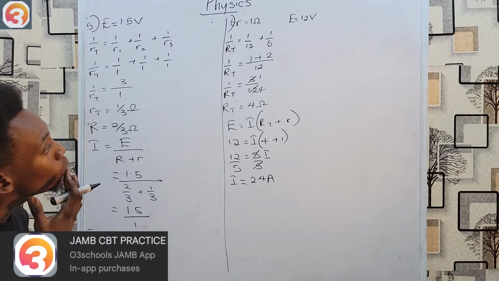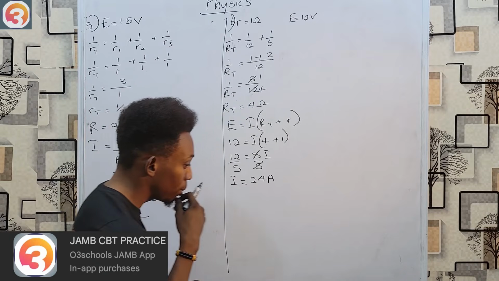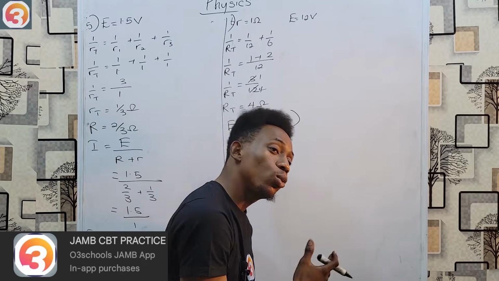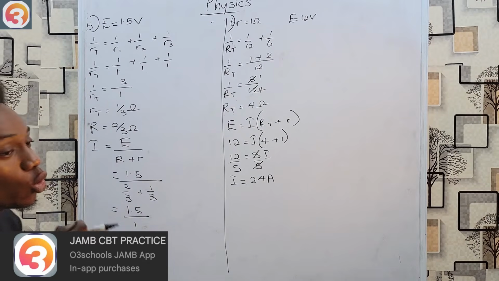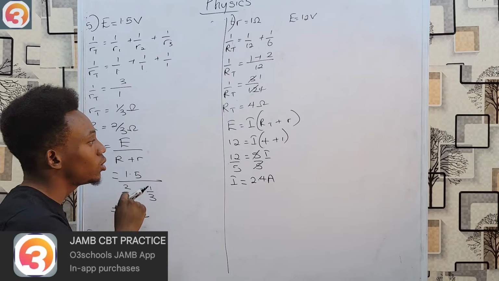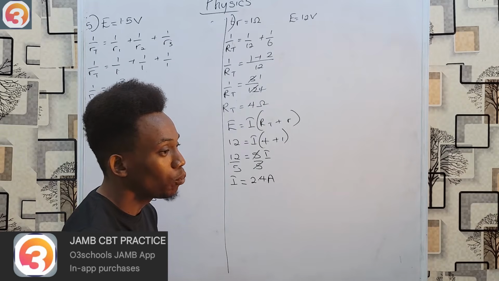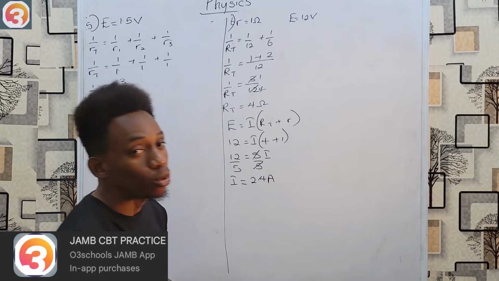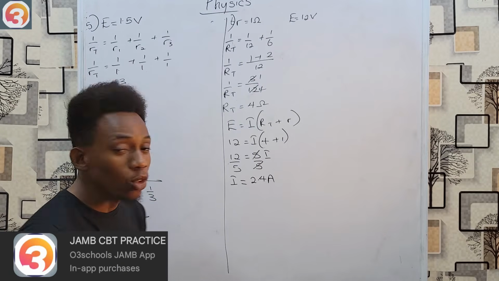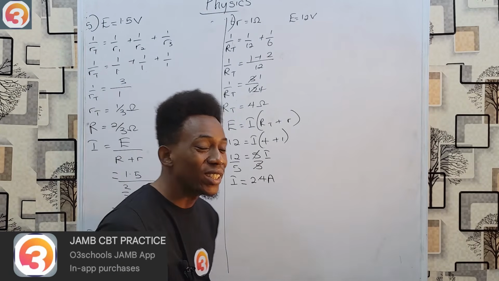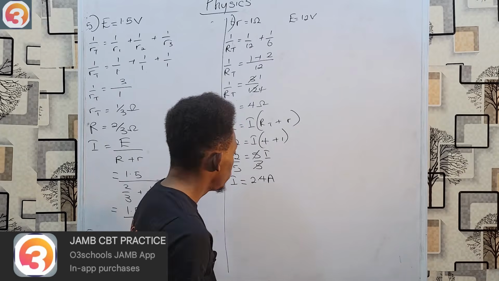So now I know the overall current is 2.4 ampere, and that my 12 ohm resistor and my 6 ohm resistor are going to have to share this 2.4 ampere. The only question then becomes, how do they share it? There are several ways to solve this. We're going to adopt a simple method in which we don't have to use any new formula.